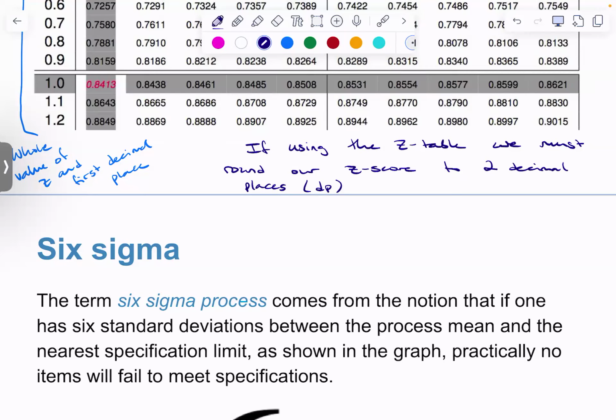We say it a lot, so I usually just write DP. And that's to match the table. So it's not really something that you have to memorize. You go to your table and you think, oh shoot, I need 2 decimal places. Then you go back and you round it. All right.